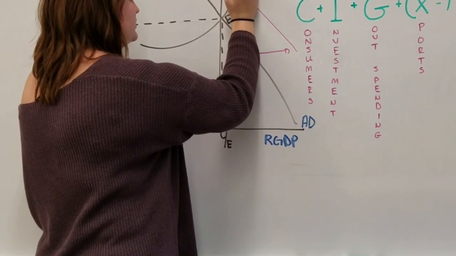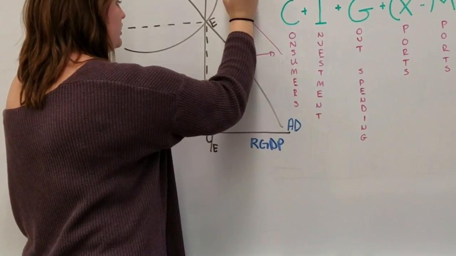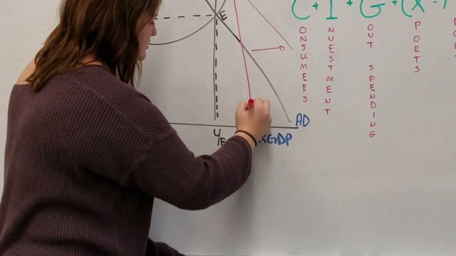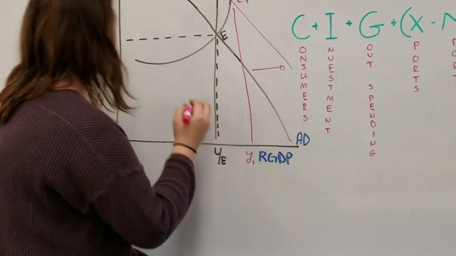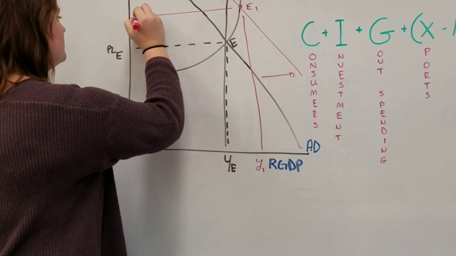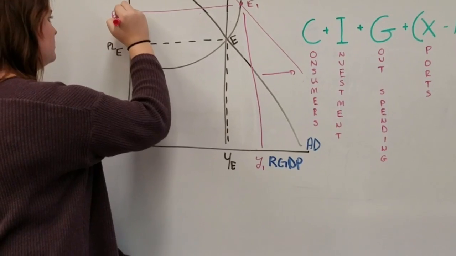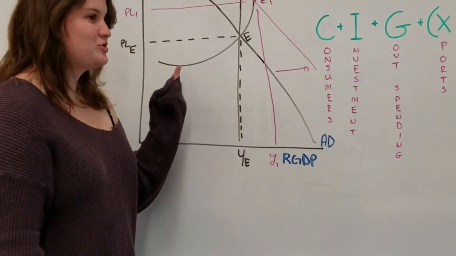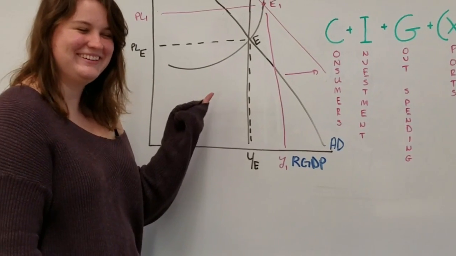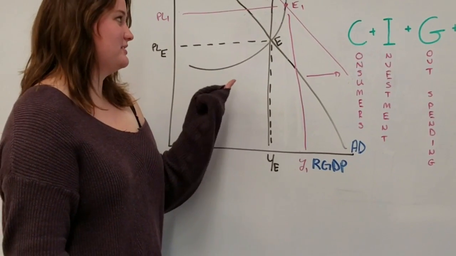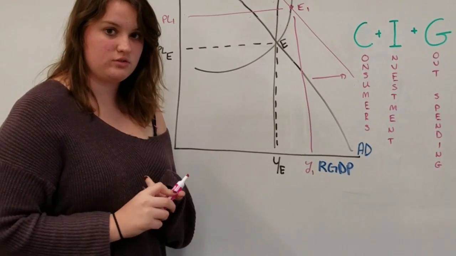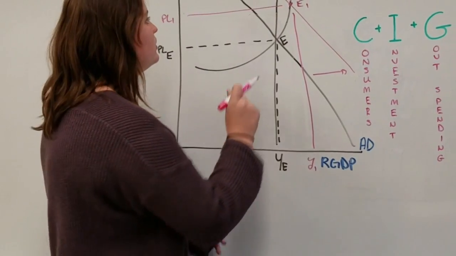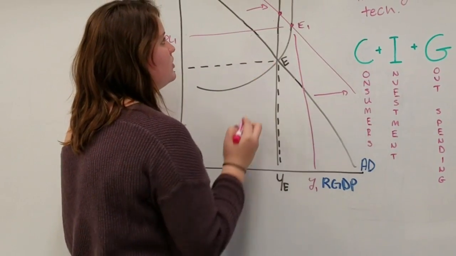This gives us a new equilibrium point at E1. This also changes our RGDP and our price level. However, this is only for the short-term effect with wage laws and contracts. When those expire, we have a new equilibrium on the LRAS curve.